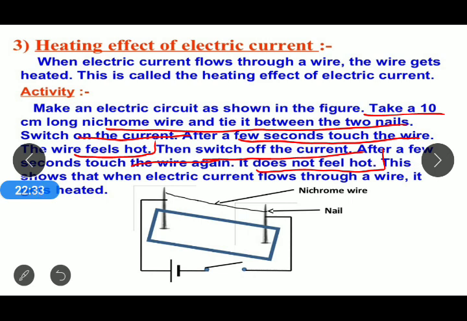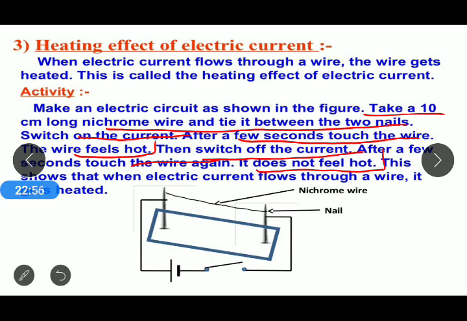So this shows that when electric current flows through a wire, it gets heated. From that activity we conclude, as stated in the heating effect of electric current, that when electric current flows through a wire, the wire gets heated. This is called the heating effect of electric current.